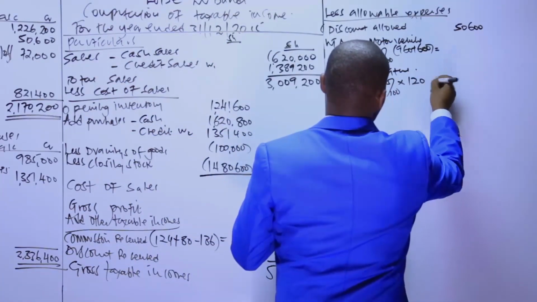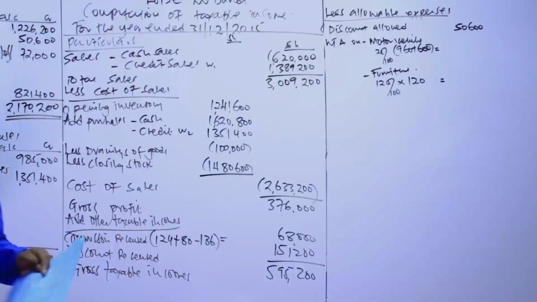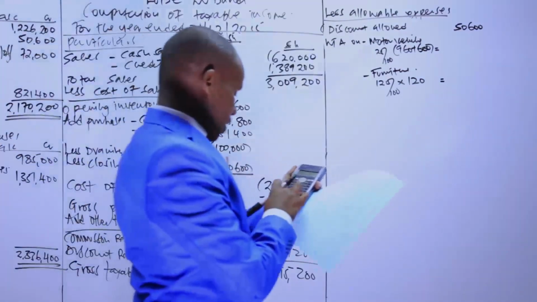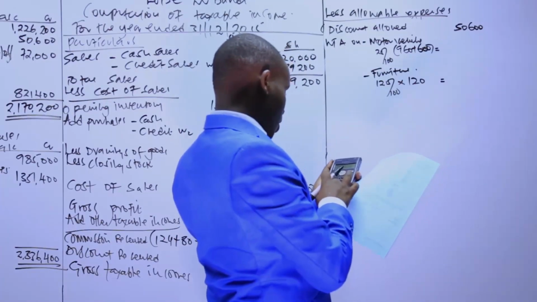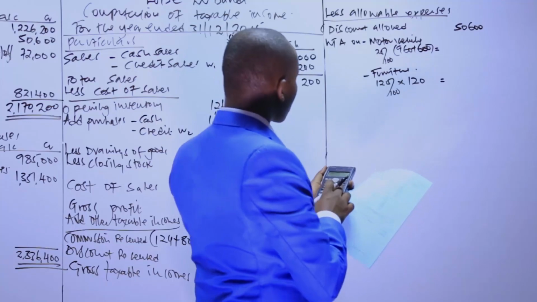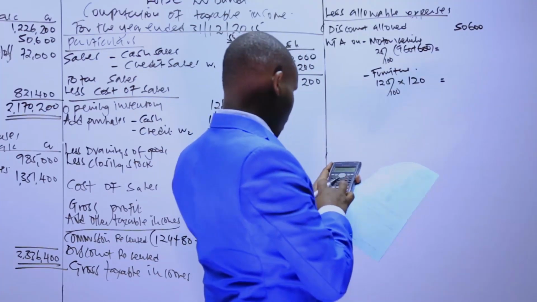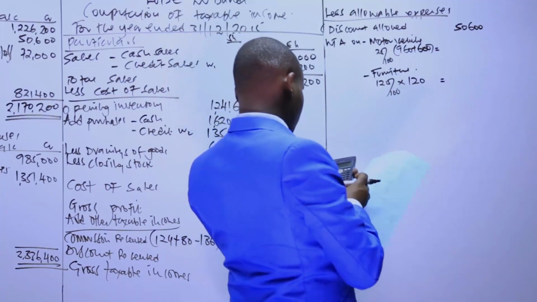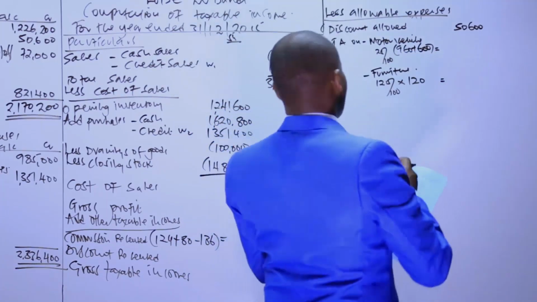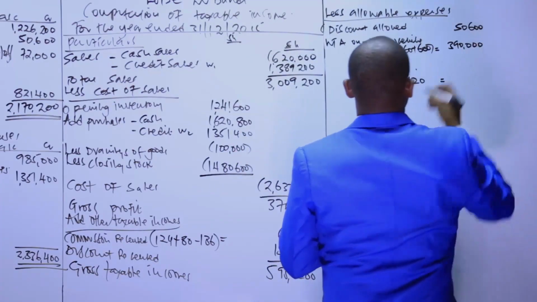So 25% times, into brackets, 1560, you get 390,000.